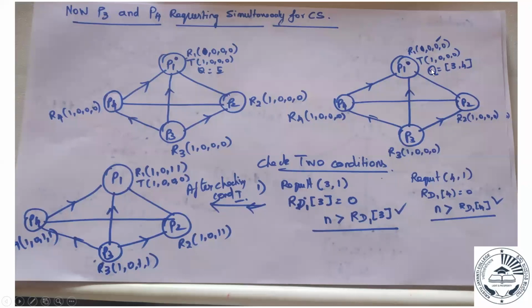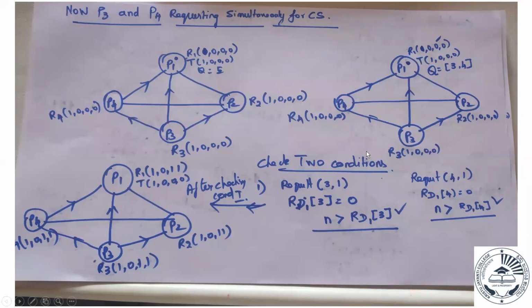First P3's request goes inside and P4's request goes inside. Even though simultaneous, whoever comes first will get into the head of the queue, correct? So in this case, P3 is getting the first place in the queue and P4 is getting the second place in the queue. So now this is the condition.